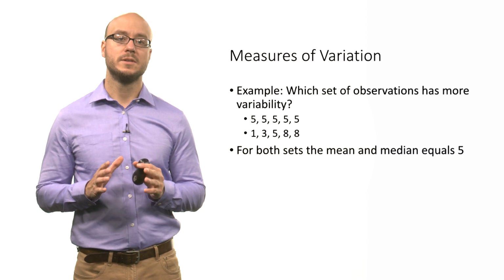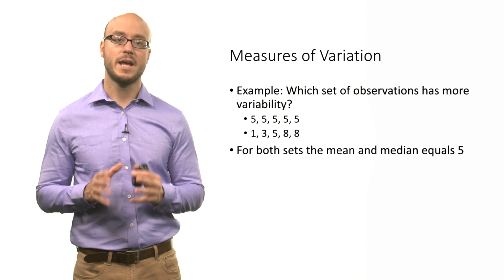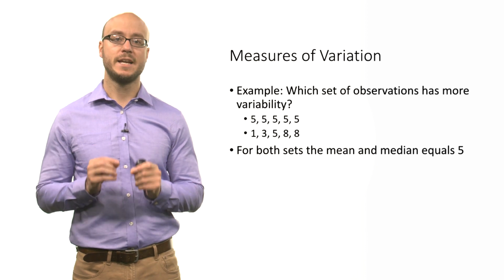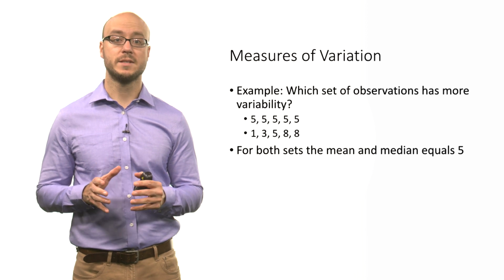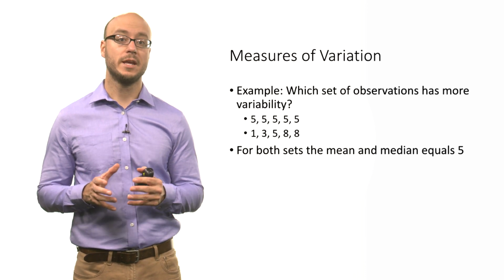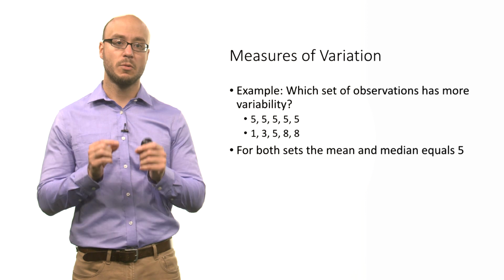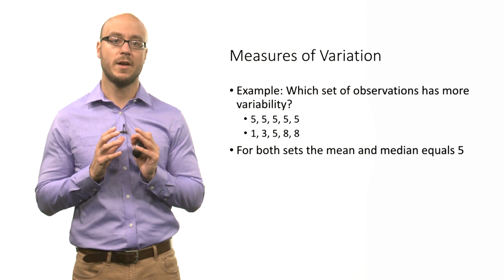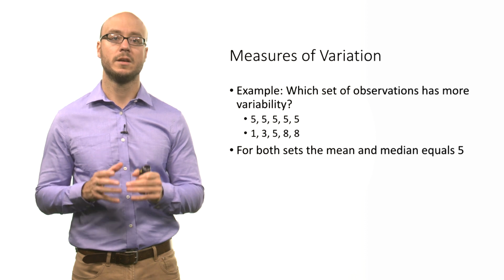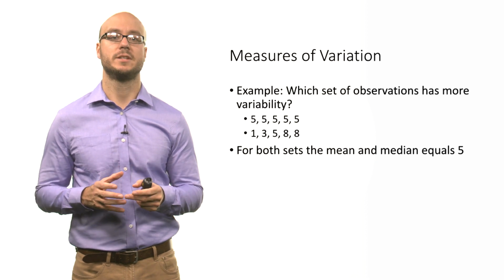The one point, though, is that if you just look at a measure of central tendency, for both of these data sets, the mean and the median is the same. For both, the mean is 5, and for both, the median, or the 50th percentile, is 5. So measures of central tendency don't always get at the idea behind the variability, the range, the variation of the data set.